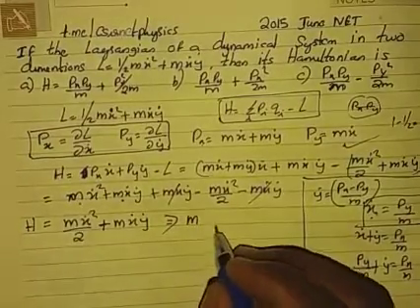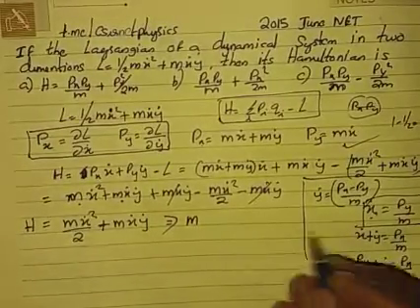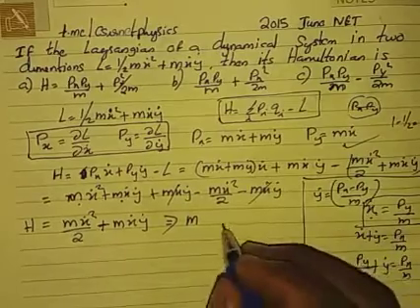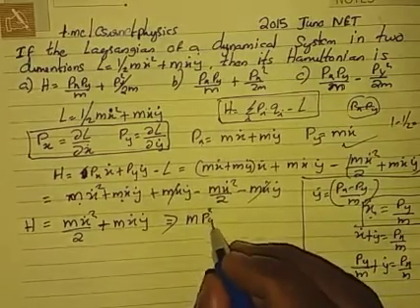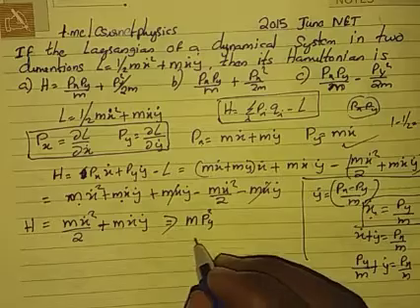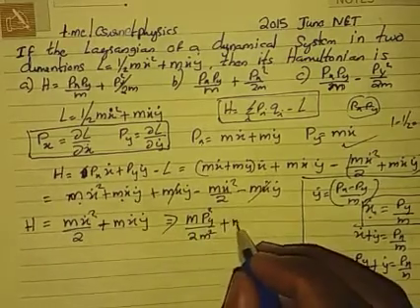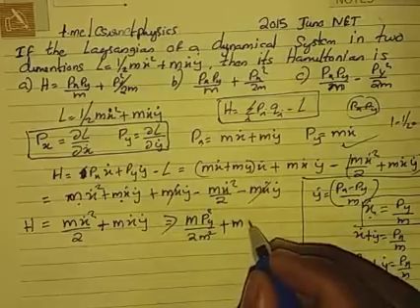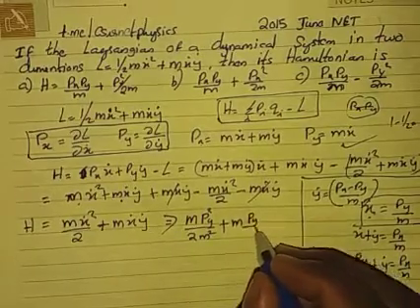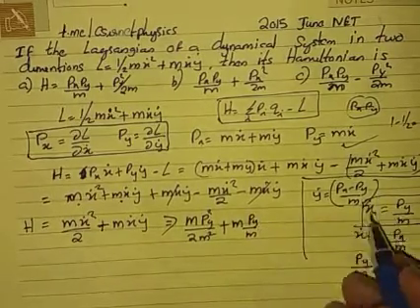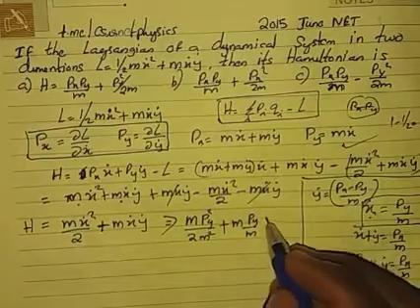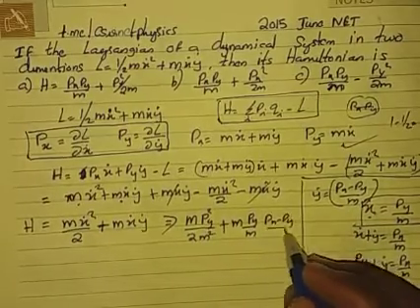You get m times py by m, that is x-dot, squared by 2, giving py squared by 2m, plus m times x-dot, which is py by m, times y-dot, which is (px minus py) by m.